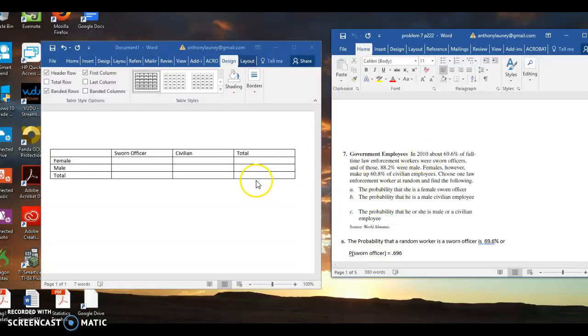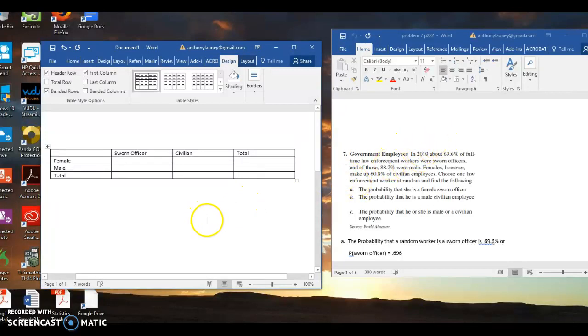So this may sound odd, but just to get rid of these percents and decimals, I'm going to say that I have 1,000 randomly selected law enforcement officers. Well, we know that 69.6% of them were full-time sworn officers.